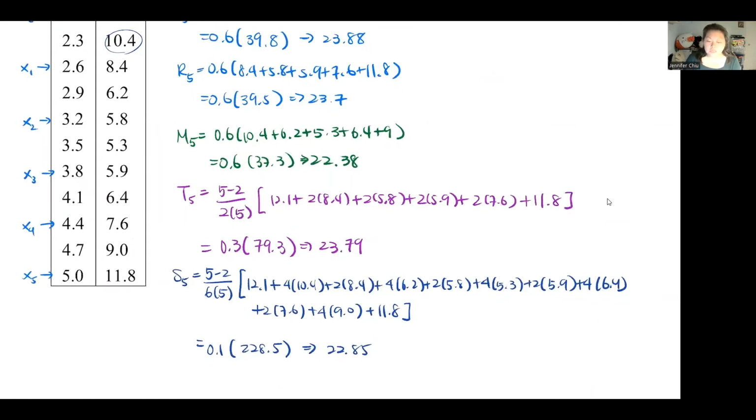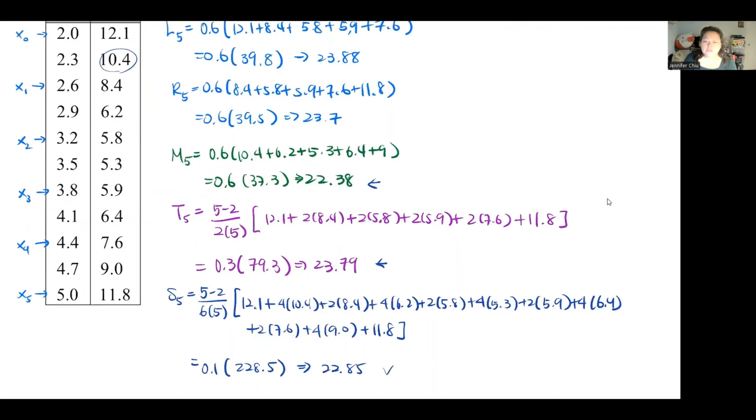The formula says if we double the midpoint and add it to the trapezoid, so 2 times 22.38 plus 23.79, and divide by 3, I get 22.85. Beautiful. My Simpson's rule is correct.